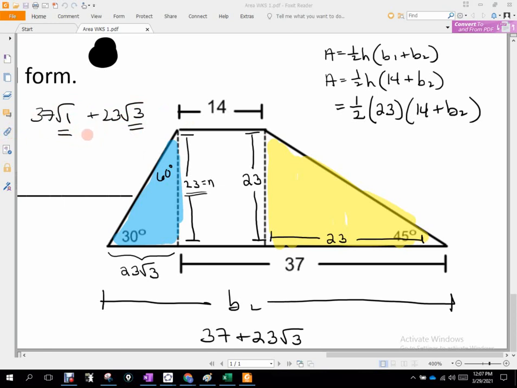Okay? So they're different, so we can't merge them. So base 2, when I rewrite my formula here, we got 1/2, 23, okay? We got 14 plus base 2, which is 37 plus 23 radical 3.